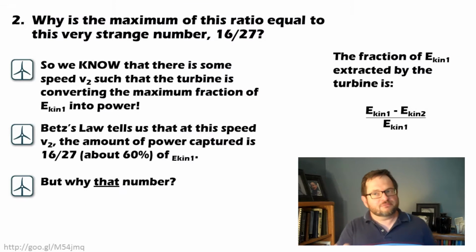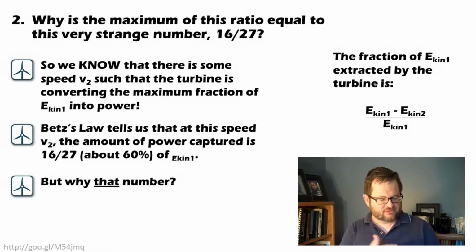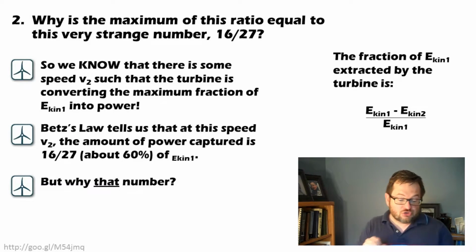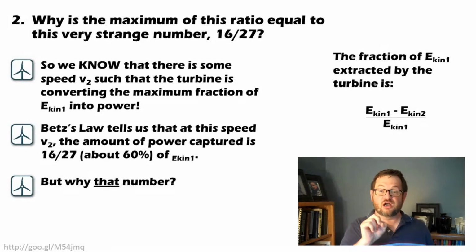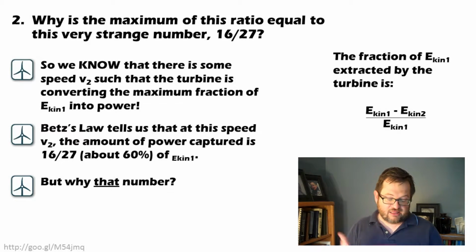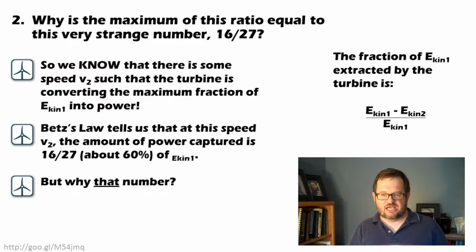So we know there is some speed V2, I'm just using these 3 bullet points here that are cleverly made with turbines, such that the turbine is creating the maximum amount of power it can. The maximum fraction of kinetic energy 1 is getting turned into power. Betz's law tells us that it has to be the V2 such that it makes 16/27 as much power as what was upwind, but why?